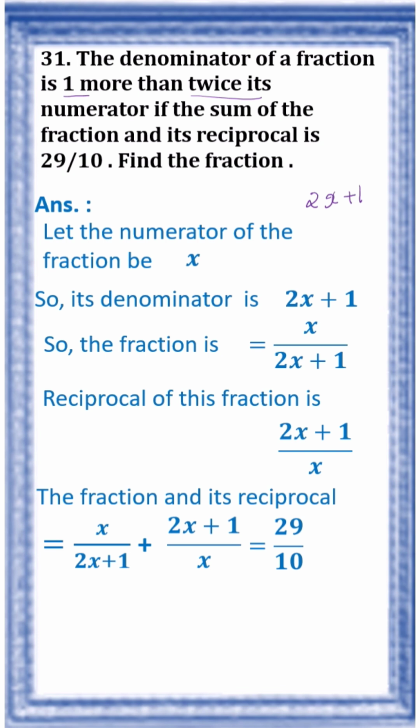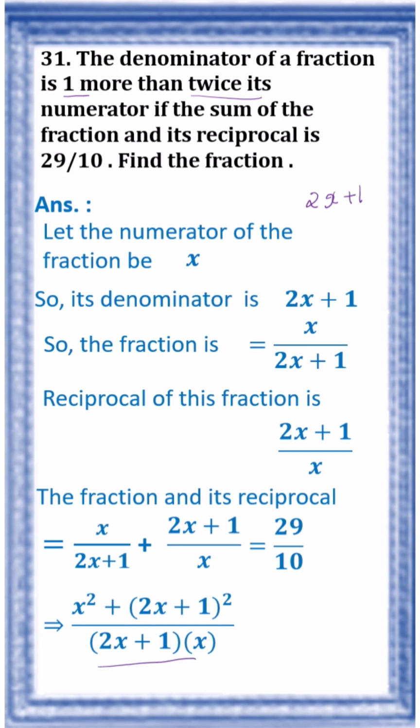It has been given in the problem. Now let us simplify it. LCM is (2x plus 1) into x. So x into x, x square, plus (2x plus 1) the whole square, upon x(2x plus 1), that is equal to 29 upon 10.